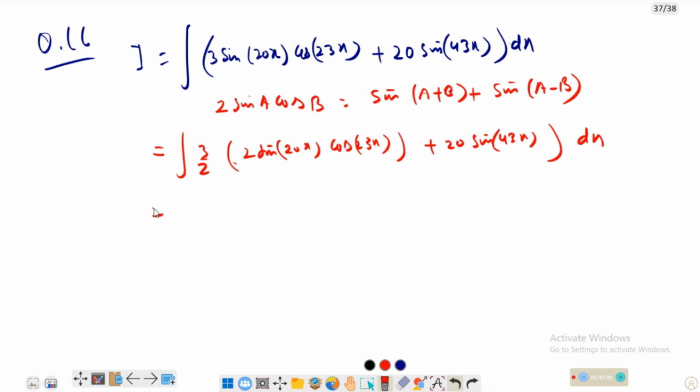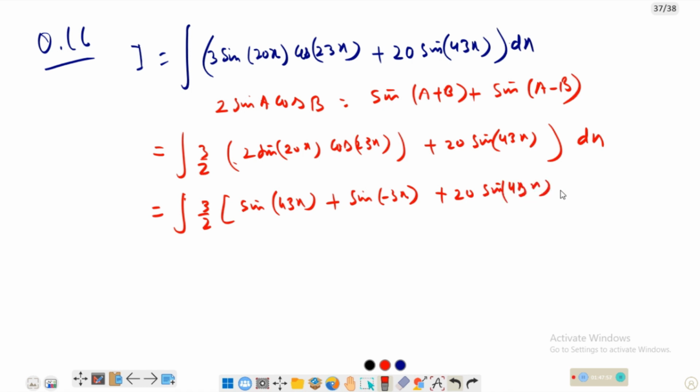I use this formula: this is sin 43x plus sin(20 - 23)x, which is minus 3x, plus 20 sin 43x dx.